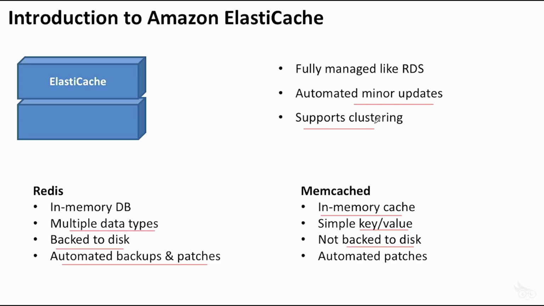Just one of the possible use cases is to put this in front of, let's say, a database where you might have read-heavy operations, maybe your queries are getting slow in certain conditions, and you want to take the data from that query and store it here in perhaps Redis or Memcache in memory, so that the next time that query needs to be run, you can just pull it very quickly out of memory and deliver it back to the user rather than replaying that SQL query. So that is Amazon Elasticache.